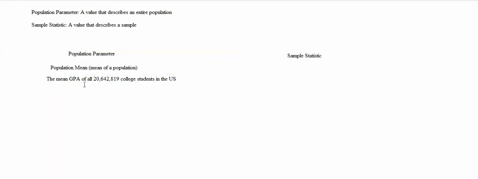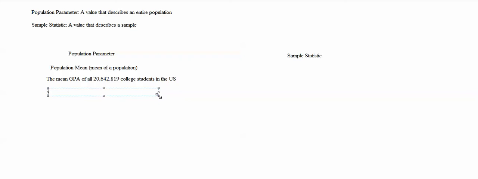If you were able to record the GPAs of all 20,642,819 college students in the US, add those GPAs, and then divide the total by this number right here, your answer would be the population mean. And it would also be called a population parameter because it's a value that is calculated with an entire population.